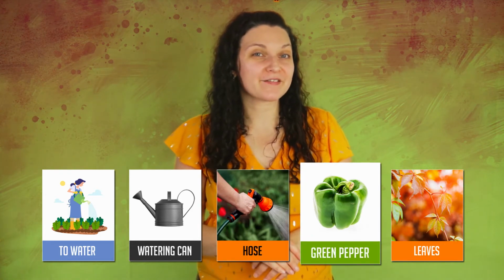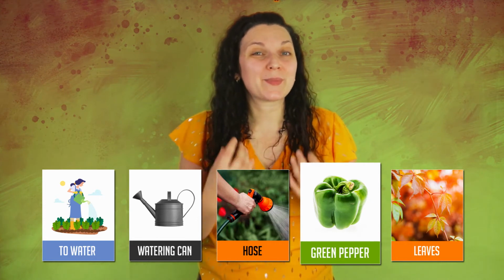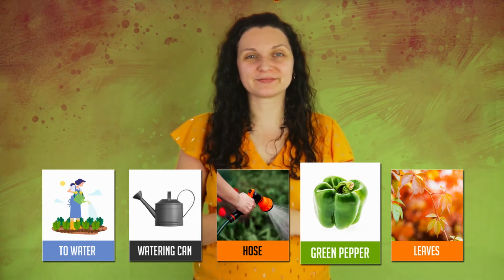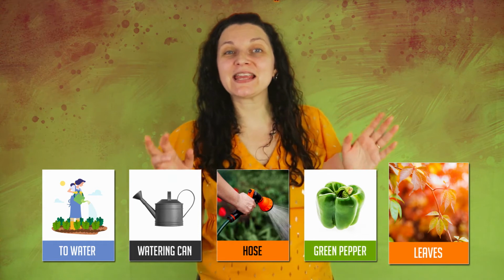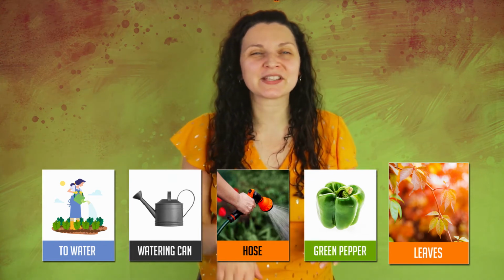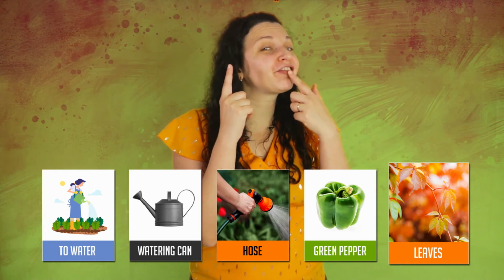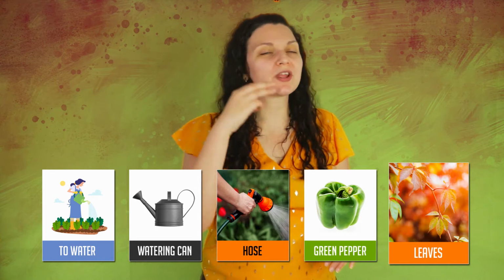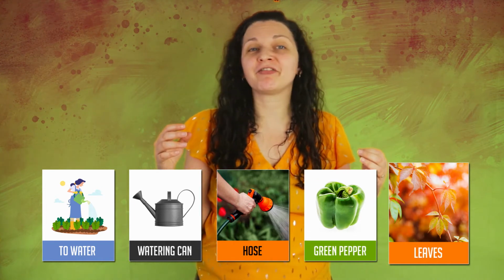Then we have the green pepper. And we have leaves. Remember, one leaf, 2, 3, 4, 5, etc. Leaves.